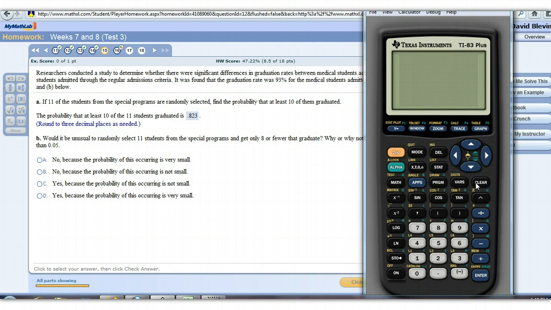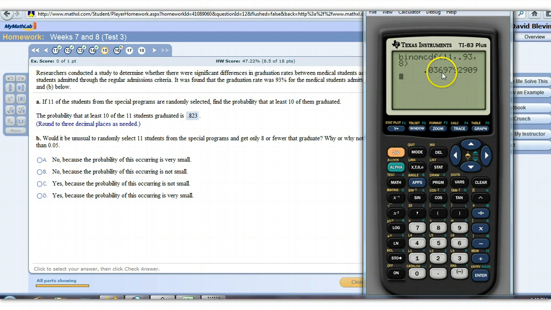Or I could remember that's the job of the binomial CDF. The CDF starts at 0 and goes until you tell it to stop. So 11, comma, 0.93, and I want you to stop at 8. Right, this is the probability of 8 or fewer that graduated.